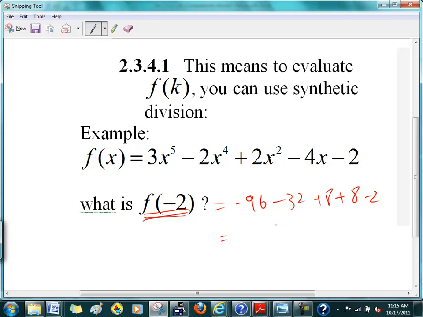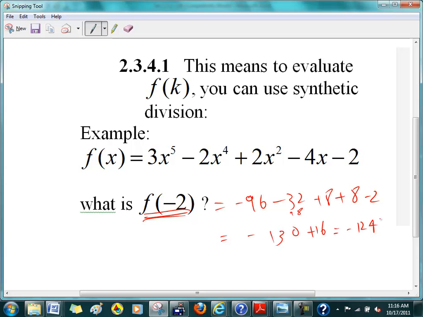So that's minus 98, 98 and 32 is 130. Watch me kind of mess this up, okay? Did I already mess it up? Sorry? It is 96. But I wrote 96.